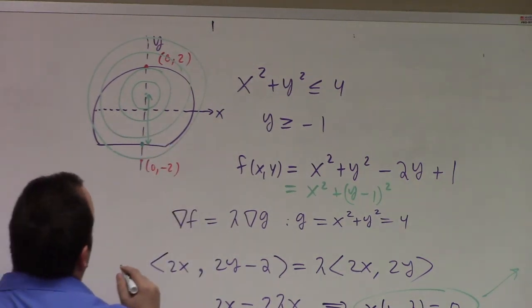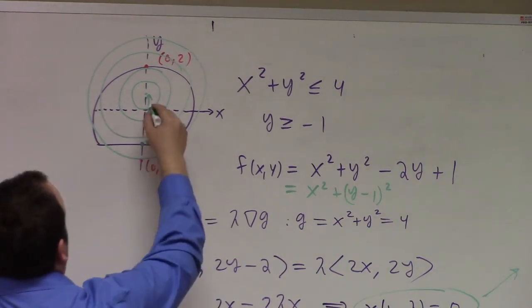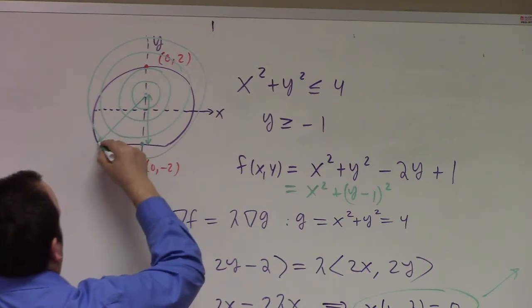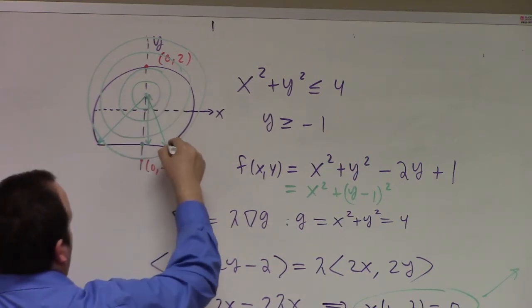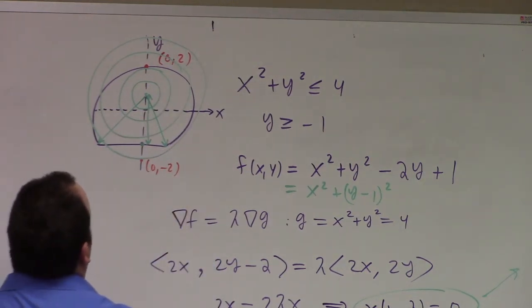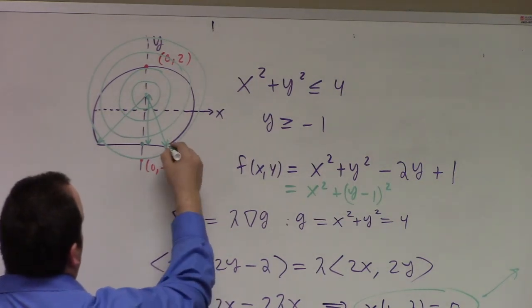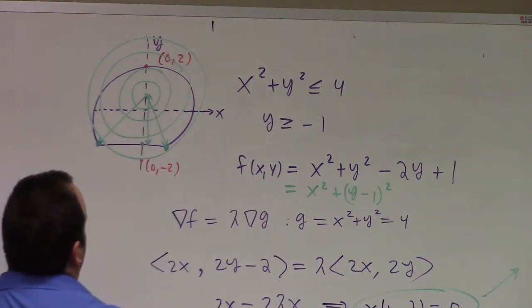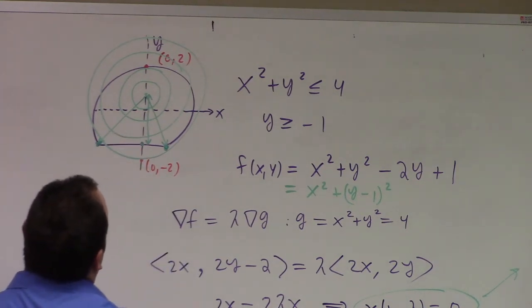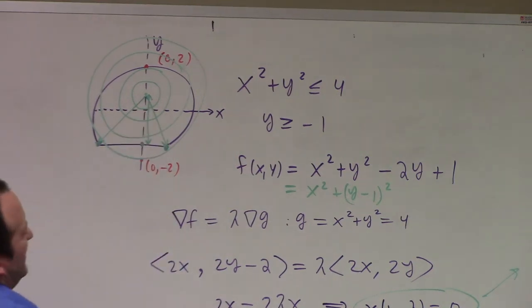Wait a minute, no. It should be right there. Or there. No, it's going to be this point and this point. They'll be the same, I think, by the symmetry of the problem. So the maximum is going to be, it depends on where these points are, but it's that distance squared, whatever that is.